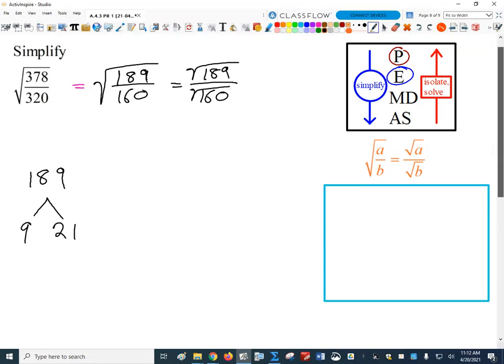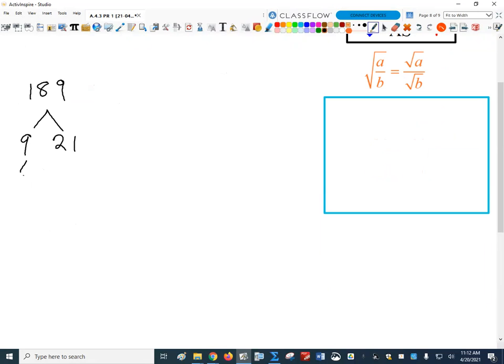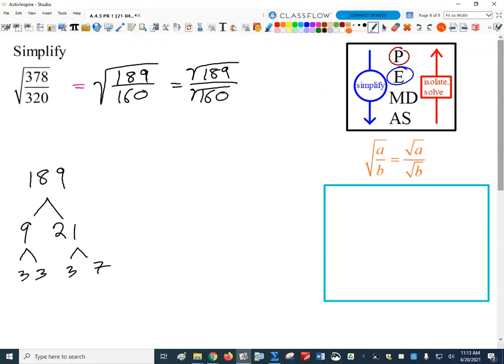Okay? 9, we know, that breaks up into a couple of 3s. That's convenient. And the 21 breaks up into a 3 and a 7. So on the top then, what goes outside? 3. Okay?